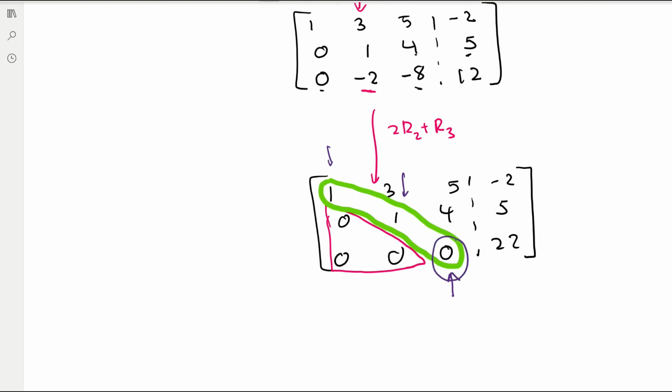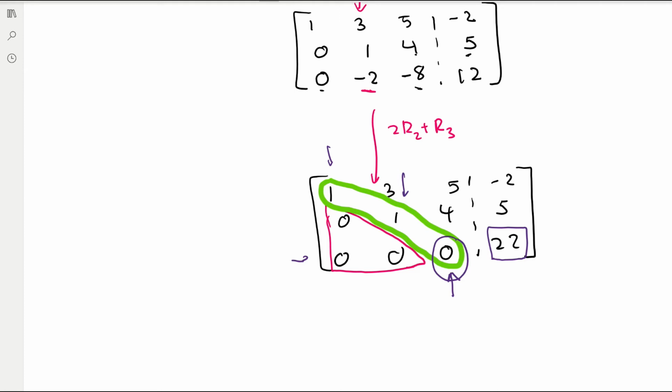Here, this is supposed to be a leading entry. The leading entry means the first non-zero number. So the first non-zero number in the third row is actually in the part that represents the right hand side of the system of equations.